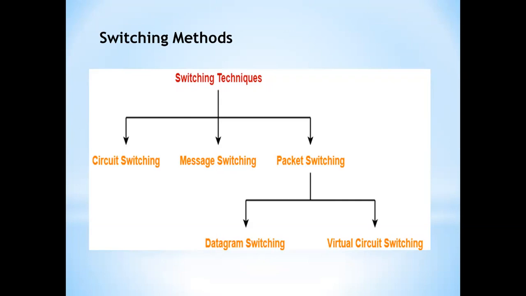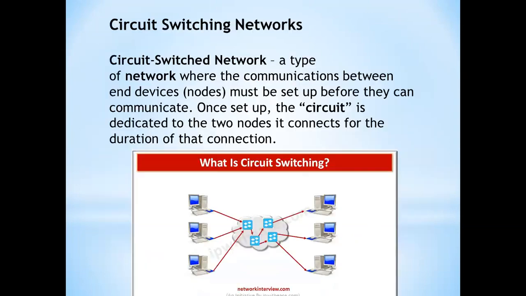So we are starting with the first type of switching, circuit switching networks. Circuit switching is used in the public telephone networks. It was developed to handle voice traffic, but it can also handle digital data. However, circuit switching cannot handle digital data efficiently. Using circuit switching, a dedicated path is established between two stations for communication.